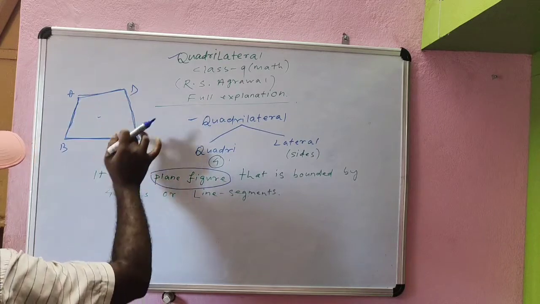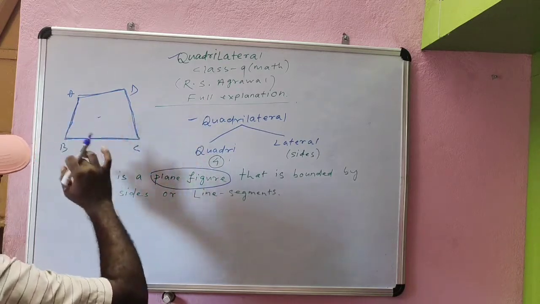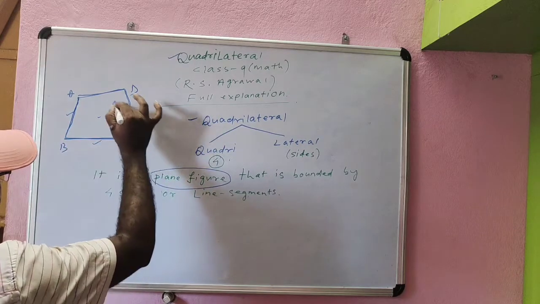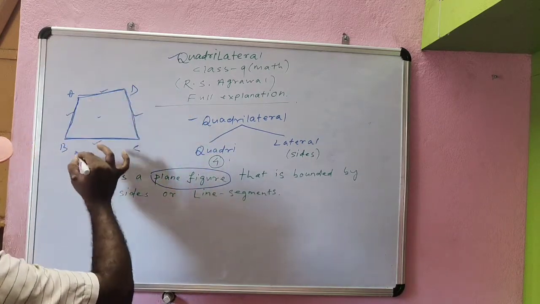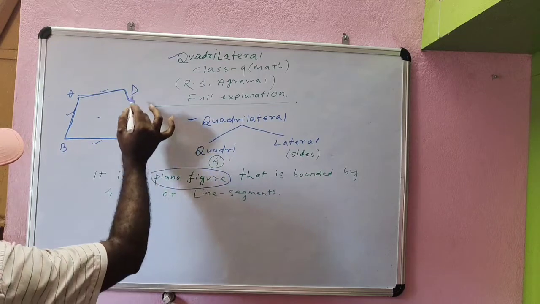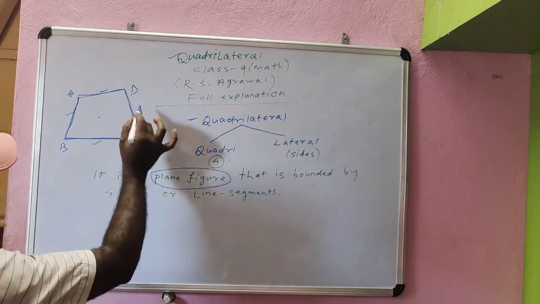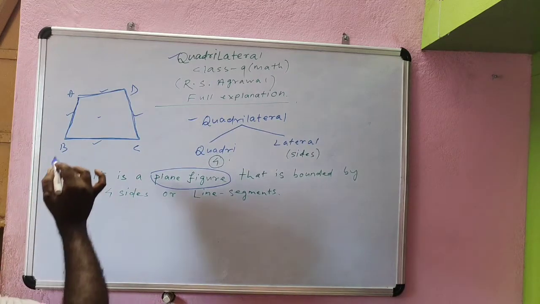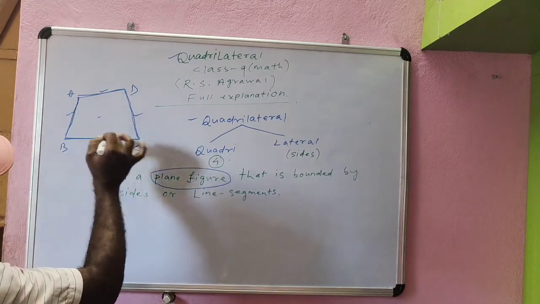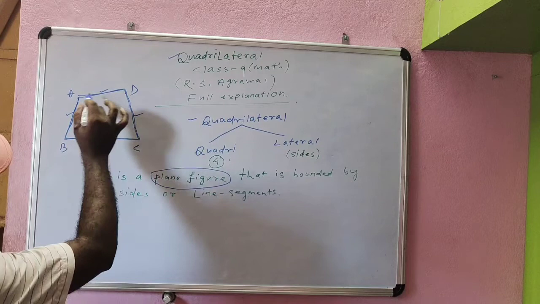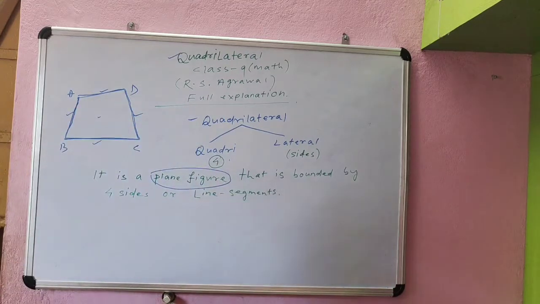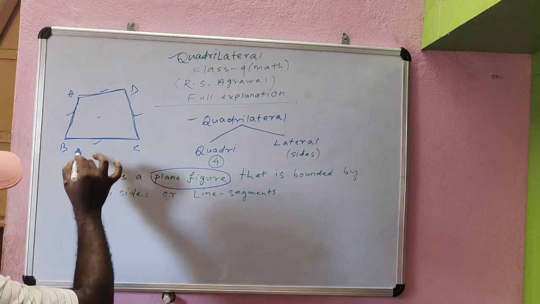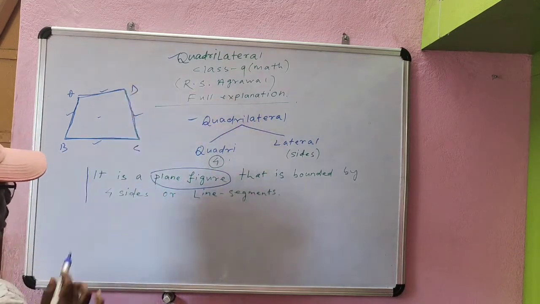It means this figure is bounded by four sides. Therefore, it is called a quadrilateral. So this is the meaning of the term quadrilateral.